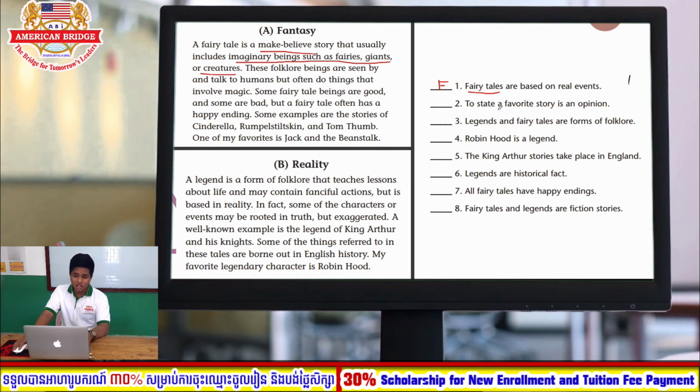Next, "to state a favorite story is an opinion." So here the keyword is opinion. You need to find something related to opinion in the paragraph so that you can find the answer. So let's do this one. Okay, let's find the word that has a meaning related to opinion.